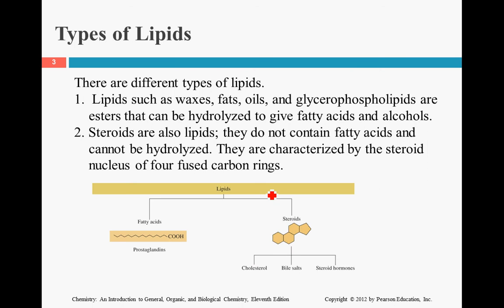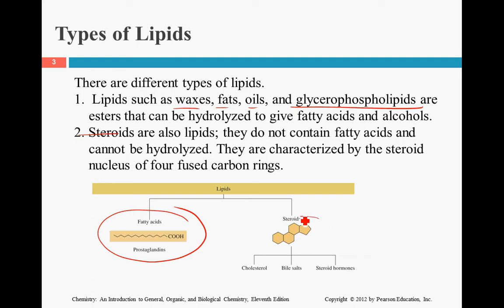As I said before, the fatty acids can be broken down further. You'll be able to compare and contrast all these total of five different lipids: waxes, fats, oils, glycerophospholipids, and steroids.